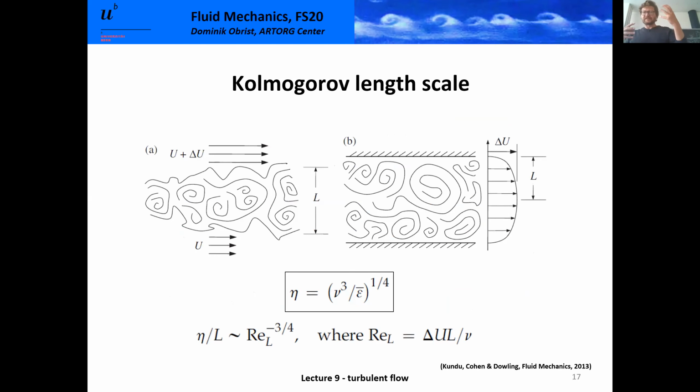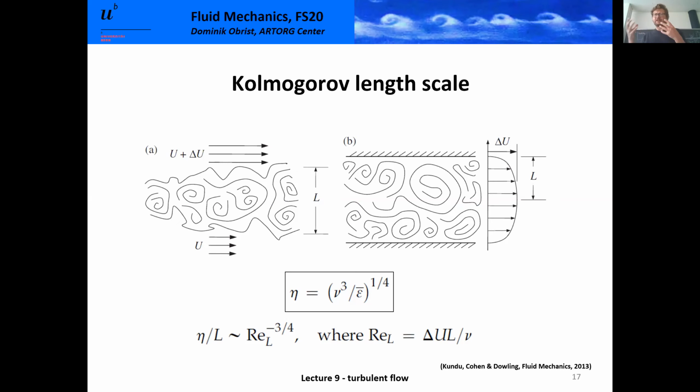And if we follow this thought, and now you could fill a complete course on that, we come into the theory of Kolmogorov. Kolmogorov was, I believe, a Russian physicist who tried to understand what this energy transfer from mean structures to turbulent structures means, and how this large-scale energy can eventually dissipate in these smaller eddies.